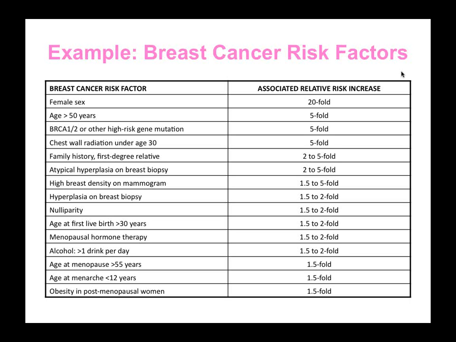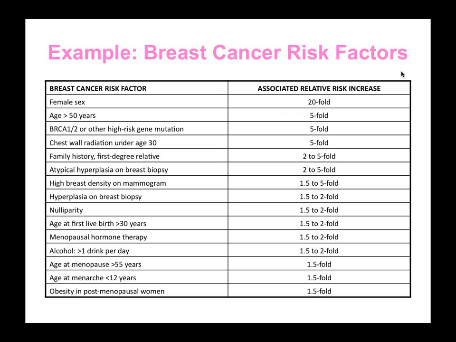There are a number of features as well in terms of breast density with mammography, and then a number of hormonal factors. So we know that women who have never had a child have a slightly increased risk of breast cancer, and so do those who've had their first live birth at an age over 30 years, and women who take postmenopausal hormone therapy. All of these reproductive and estrogen-related risk factors do predispose as well.